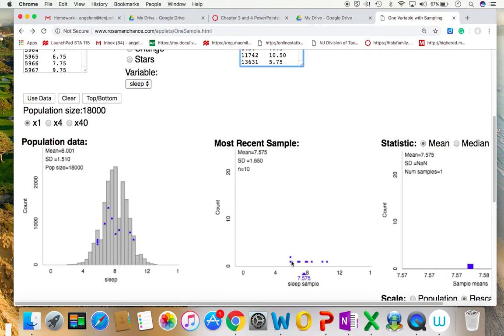If I count these up, 1, 2, 3, 4, 5, 6, 7, 8, 9, 10. All right. Mean is 7.57, and the standard deviation is 1.65. Okay. So even in just a sample of 10, you can see it's fairly representative. It's off by a little bit, but the mean lines up pretty nicely.